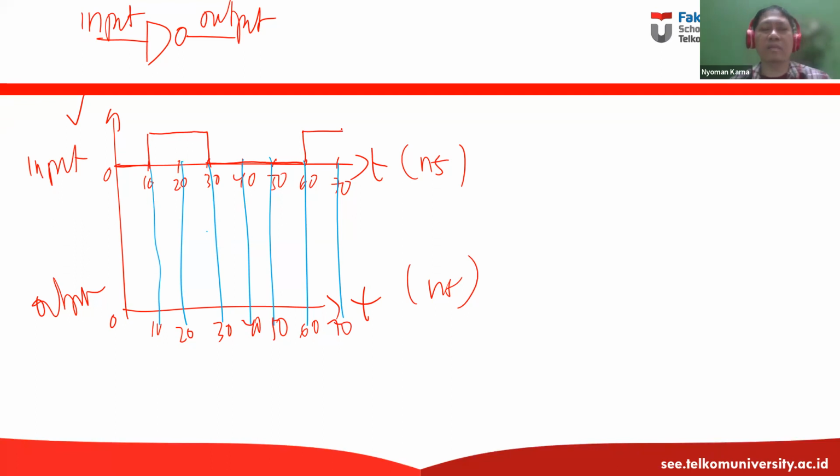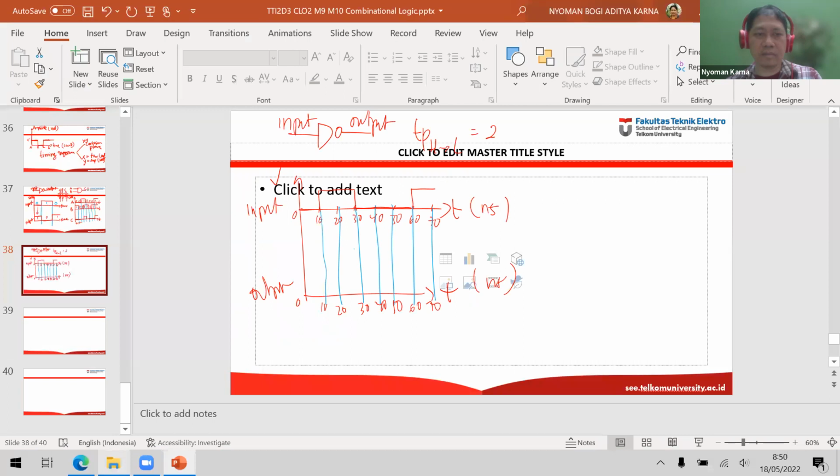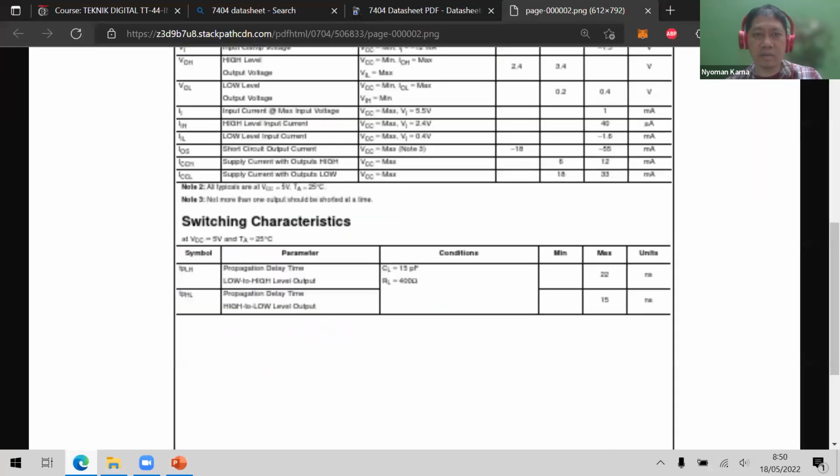Okay, and remember the propagation time from low to high is 22 nanosecond.